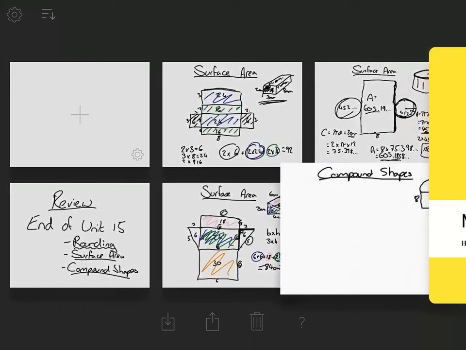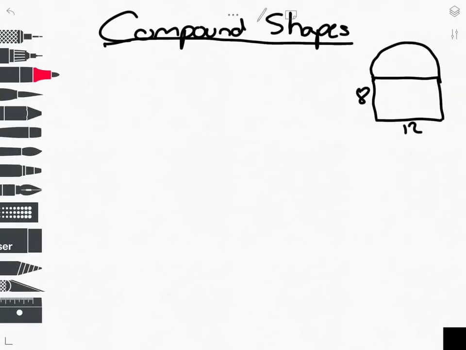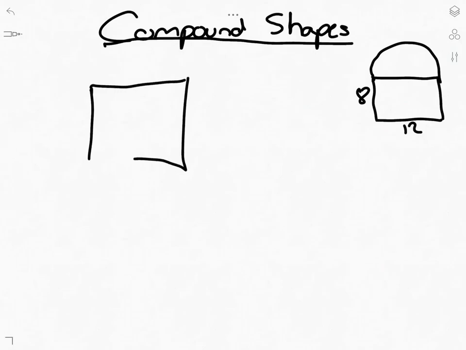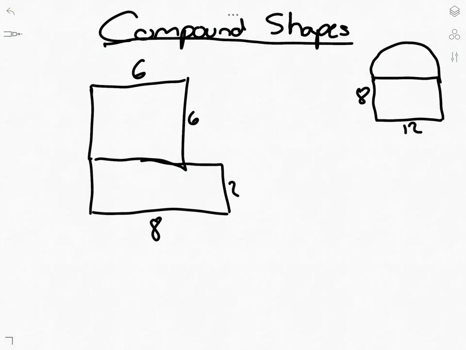Okay, so last thing, compound shapes. Most people were fine with the area, it was the perimeter again. So I'm going to do a simple compound shape, really simple. Let's do a square with side length 6 and a rectangle like this with 8 and 2.